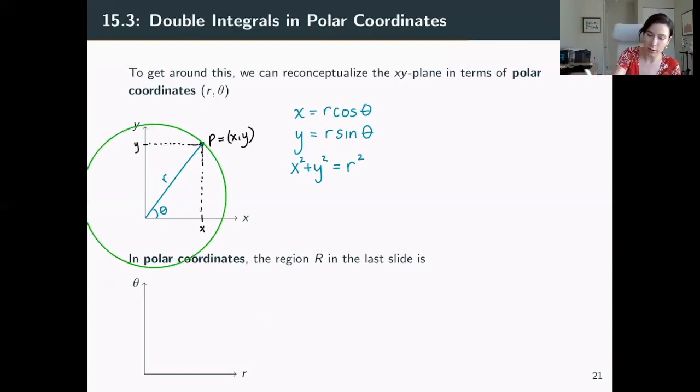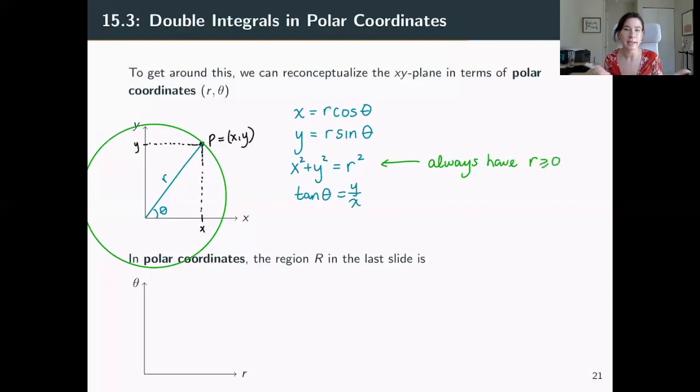And we also know that the tangent of theta is going to be equal to y over x. As a side note, we are always going to have that our r, in this case, is going to be bigger than or equal to 0 because it is representing a radius.